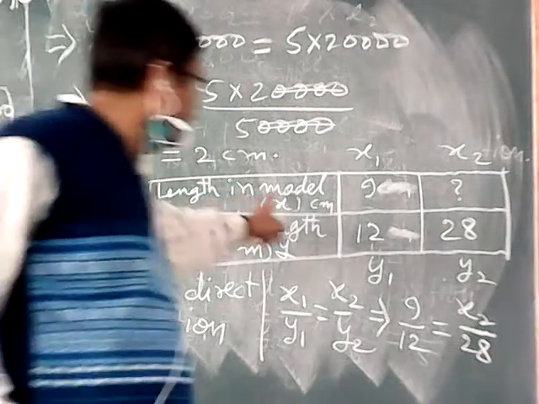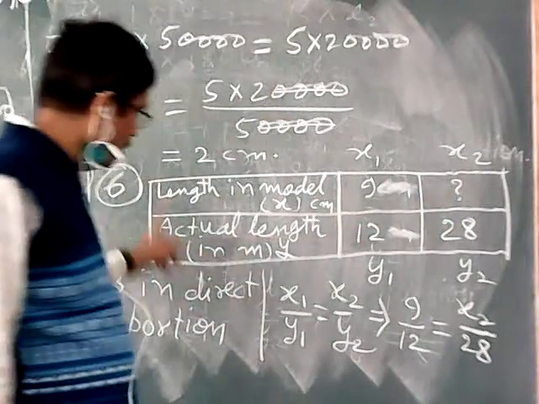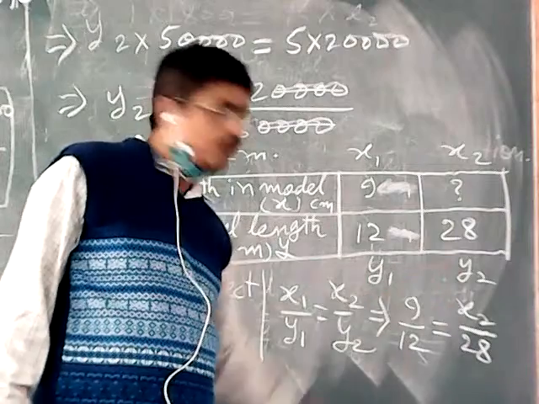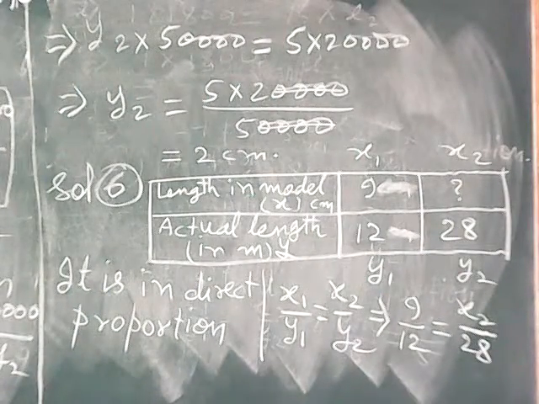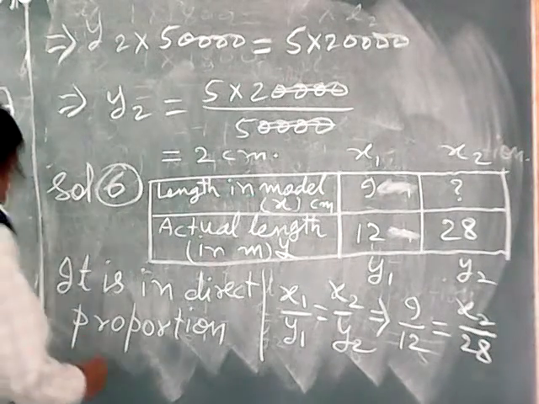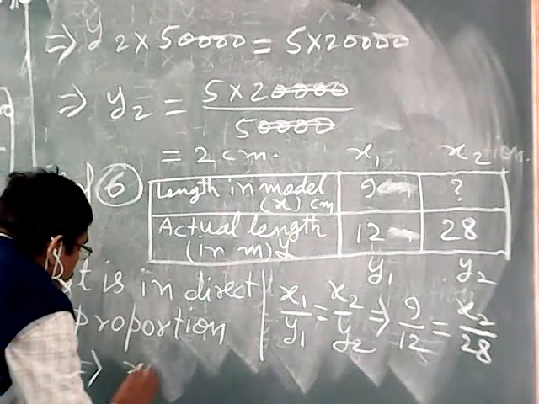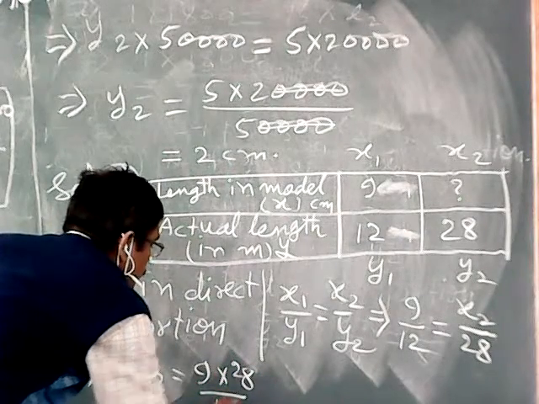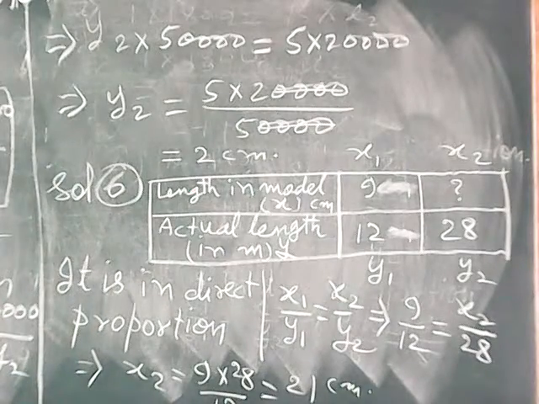Model length you are finding. See the box. Here this is centimeter, this is centimeter. So answer will be centimeter. X1, X2 answer centimeter. Y1, Y2 answer meter.